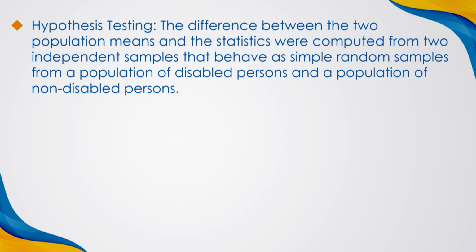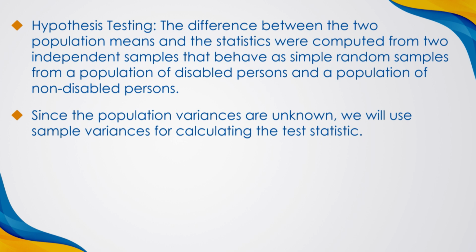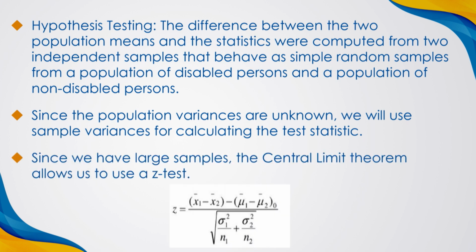The difference between the two population means and statistics were computed from two independent samples that behave as simple random samples from a population of disabled persons and a population of non-disabled persons. Since the population variances are unknown, we will use sample variances for calculating the statistics. Since we have large samples, the central limit theorem allows us to use a Z test.